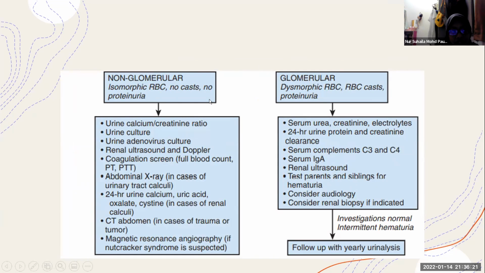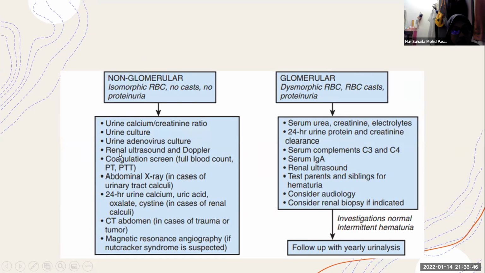In non-glomerular causes, usually there is no proteinuria, and glomerular usually have proteinuria. So when we do the UFEME and the cause is towards non-glomerular, we need to do urine calcium creatinine ratio and urine culture to rule out UTI.